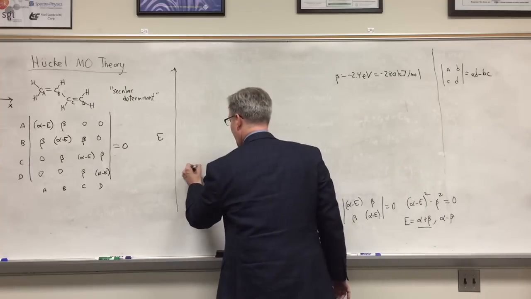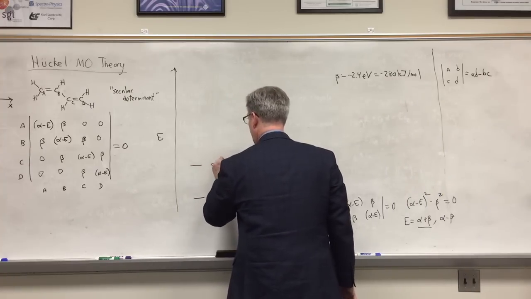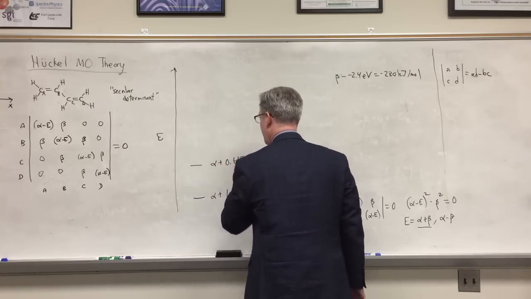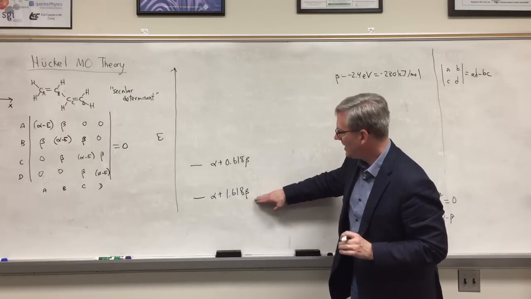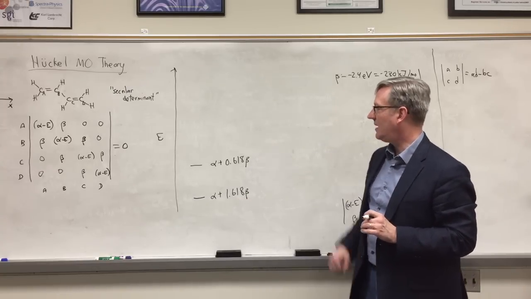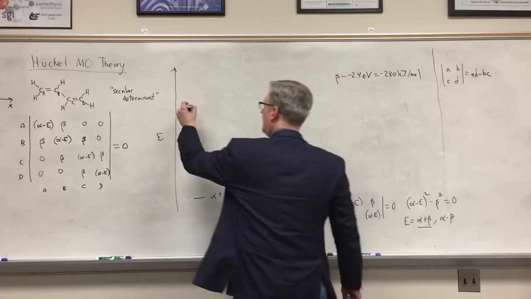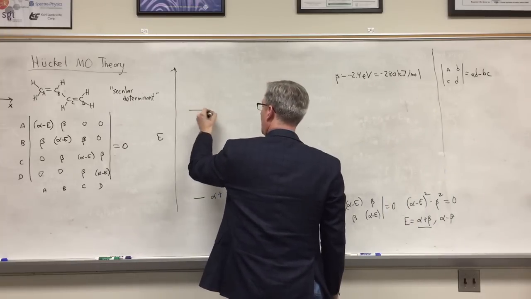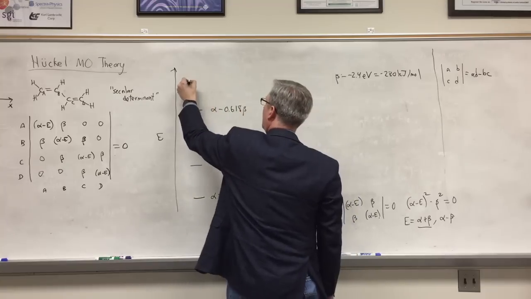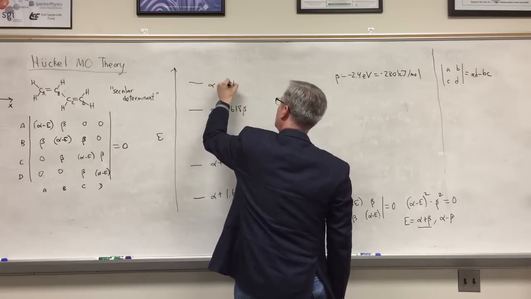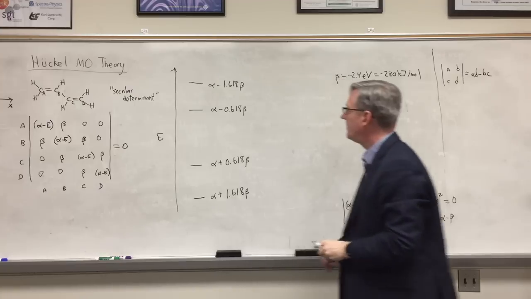A little bit higher than that is the next one. That's alpha plus 0.618 beta. And because beta is a negative number, 1.618 beta is lower than 0.618 beta. And then I get 2 more, alpha minus 0.618 beta and alpha minus 1.618 beta.